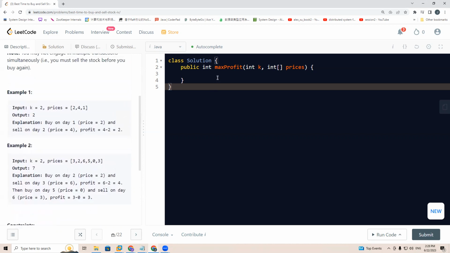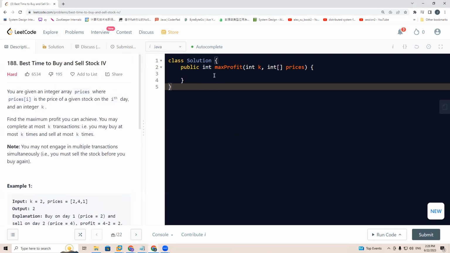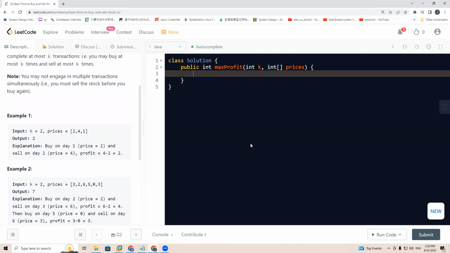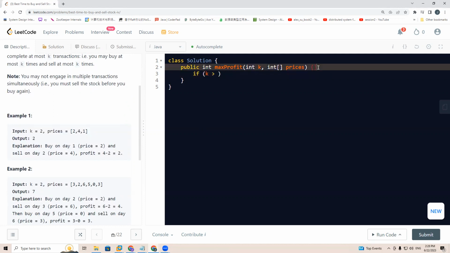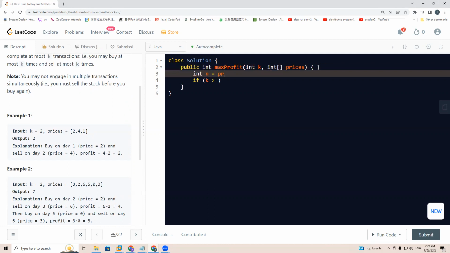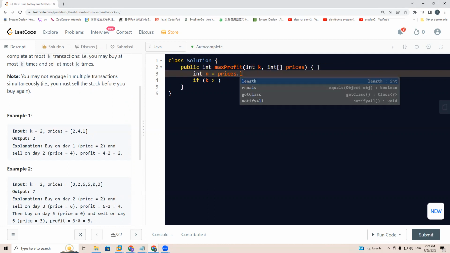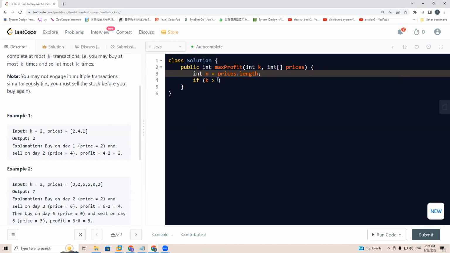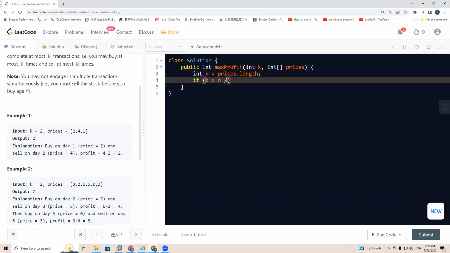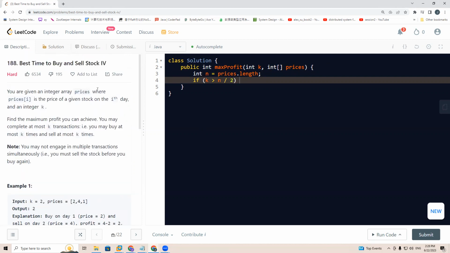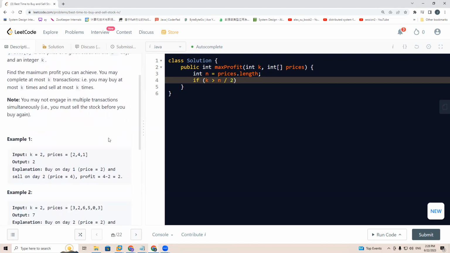Actually, we know the answer for this question. If k is greater than 2 multiplied by n, then this is buy and sell stock 2. That is, we can buy and sell stock any number of times as we want.